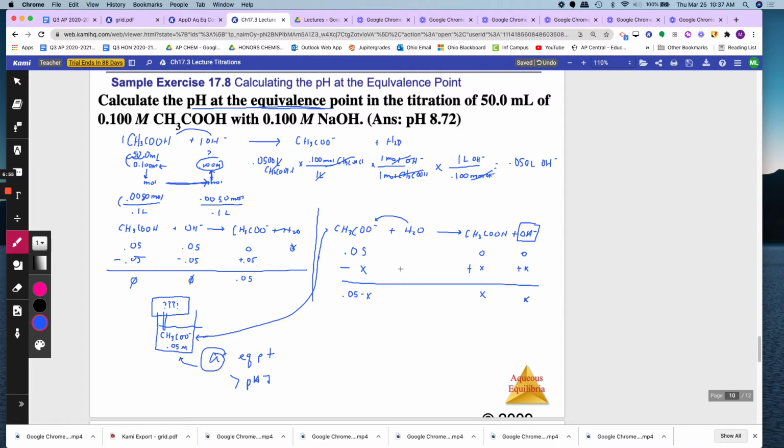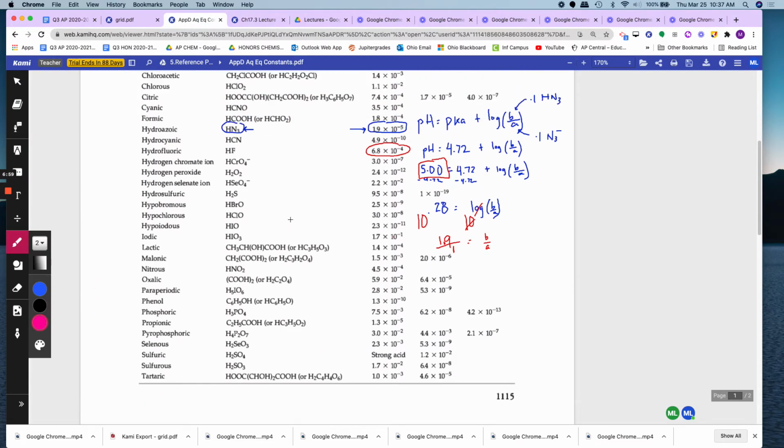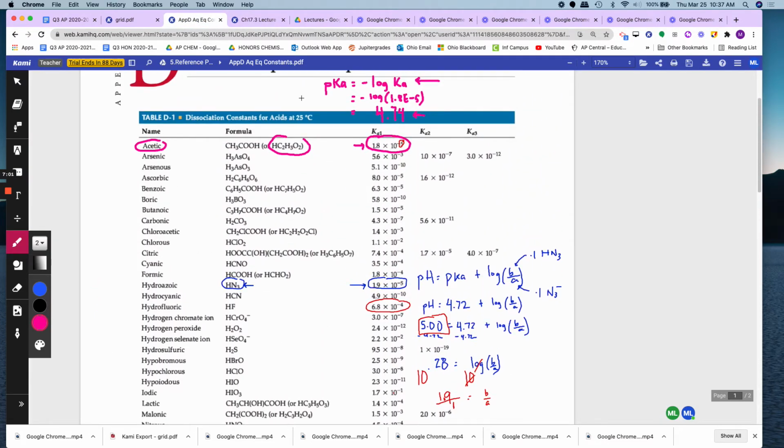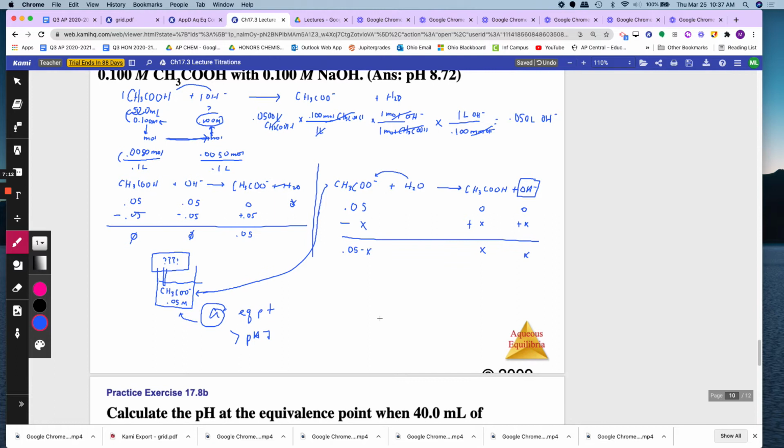Actually, this is going to be the Kb. So you have to go to the appendix, find acetic acid, which is up here. Ka is 1.8 E negative 5.